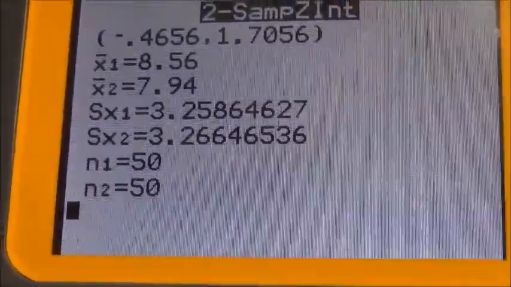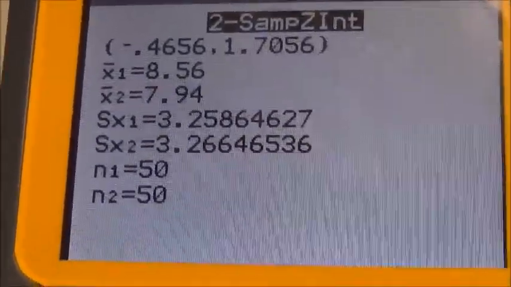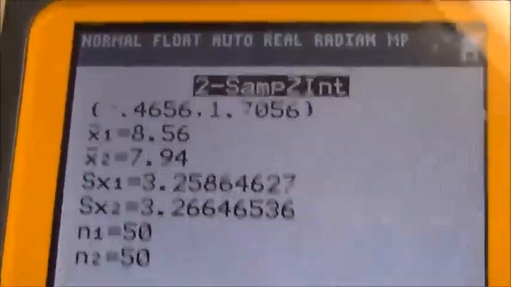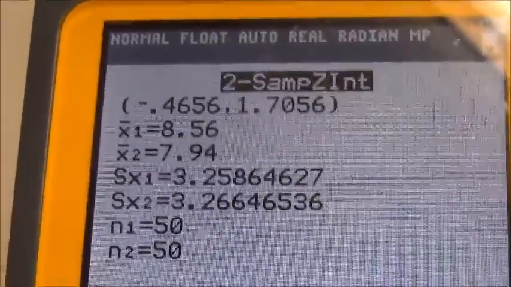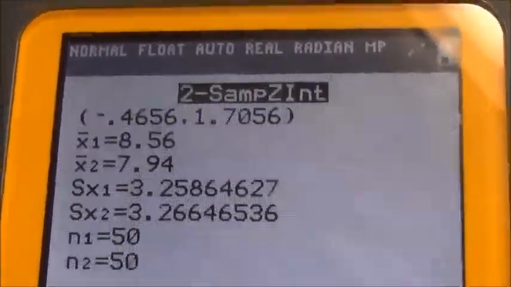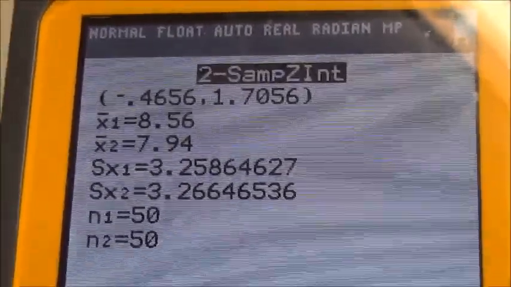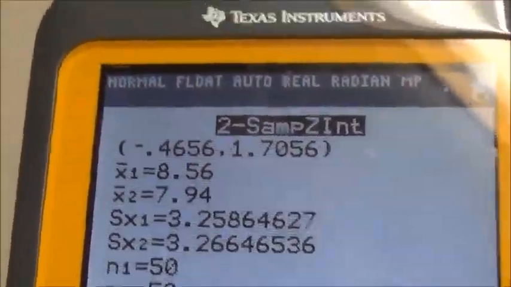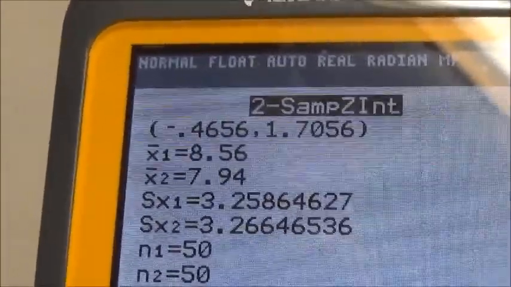My hypothesis or my claim was, do the men have more sports than the women? The null then would be that the men would be less than or equal to the women. Well, in this case, 0 is in our interval, so that means we are going to reject the claim that the men have more sports than the women.